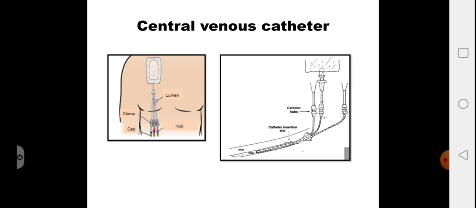And there is a hub, that is a needle-less connector hub, which can be attached to the administration sets when we want to administer IV fluids or medications, and which can be closed with a cap when not in need. In the next picture beside, please notice the catheter hub because it is one of the main sources of infection.